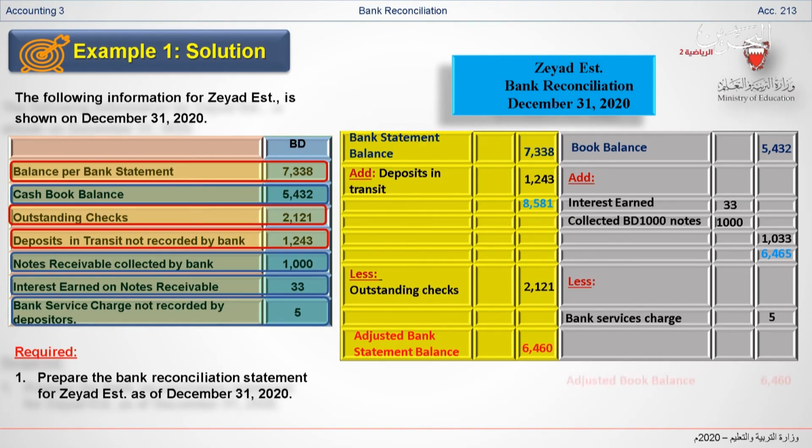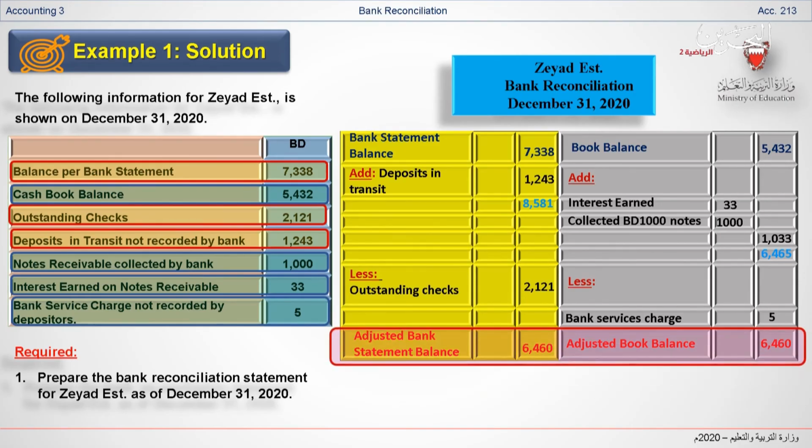And then we have to find the adjusted book balance, which equals 6,460 BD. As you can see, our reconciliation process is accurate because both sides are equal.